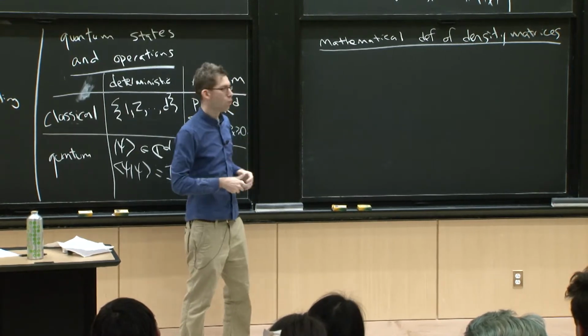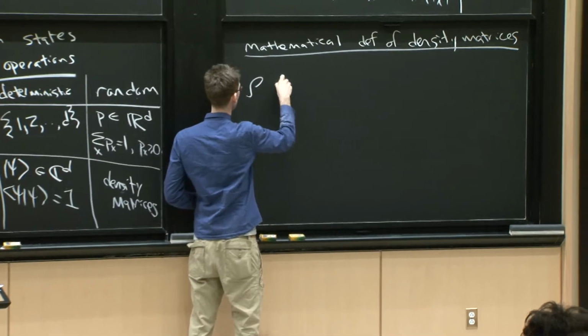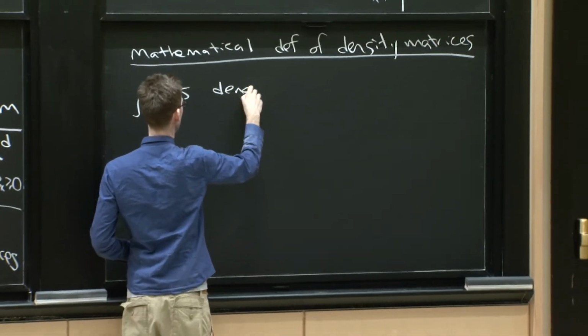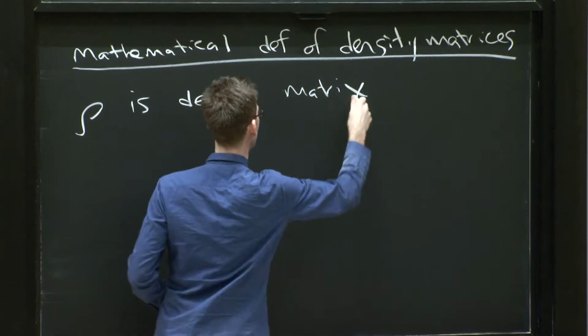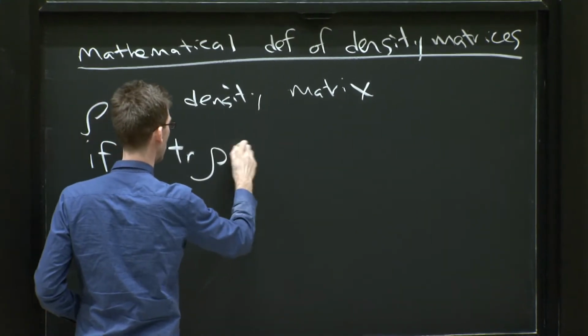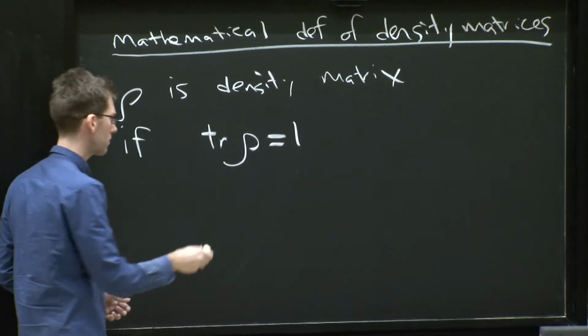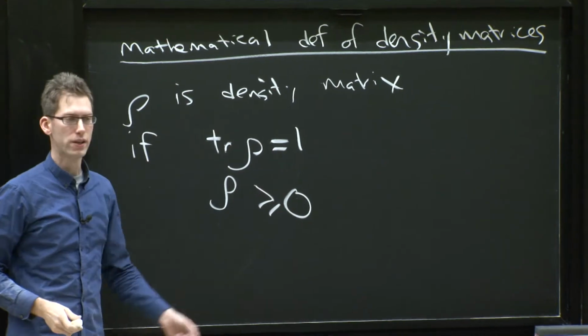And the usual definition is the following. We say that rho is a density matrix if trace rho is equal to 1 and rho is positive semi-definite.